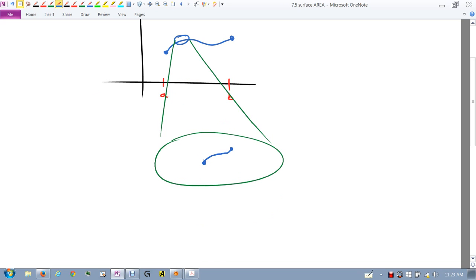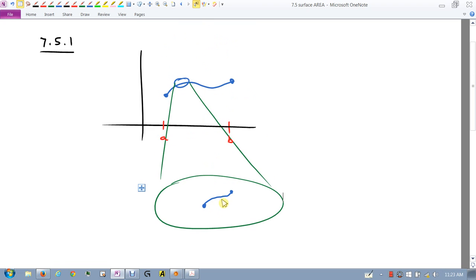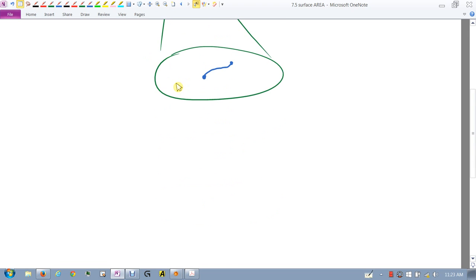We know how to approximate that length, don't we? We approximate it with arc length, don't we? If I take just this little sliver and I wrap just that little sliver around the x-axis, it would draw something like this.